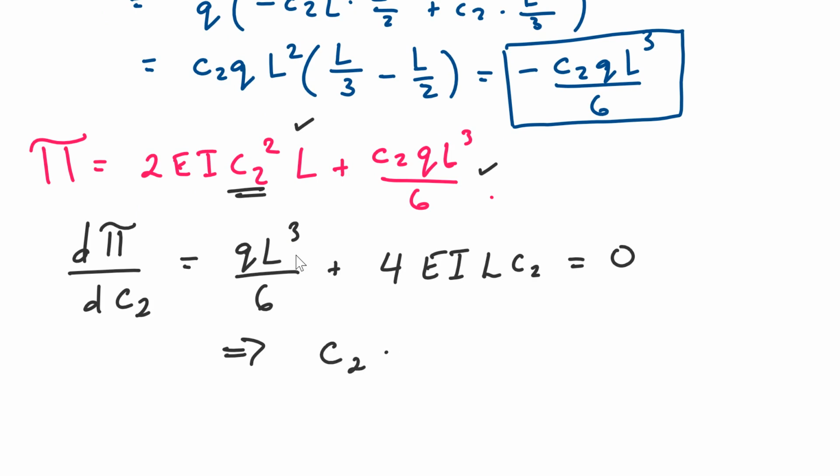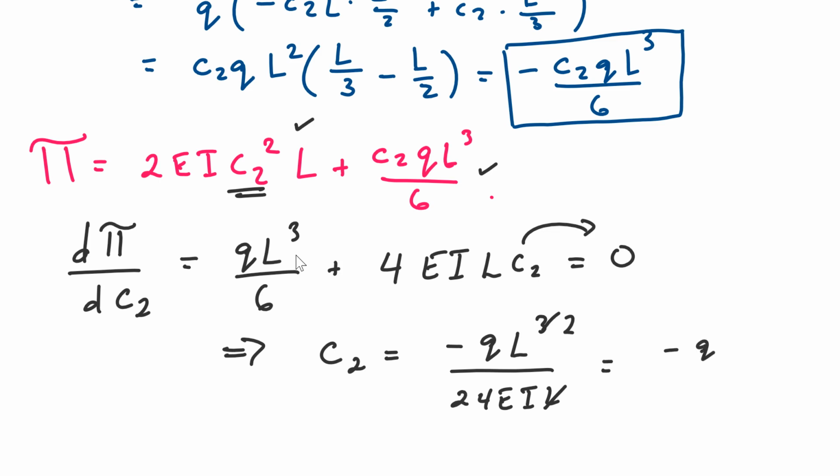And as a result, we get C2, which is what we wanted. So C2 is nothing more than negative QL cubed over 24EIL, right? I move this over, and I divide it, and then you see the L's cancel, so negative QL squared over 24EI.